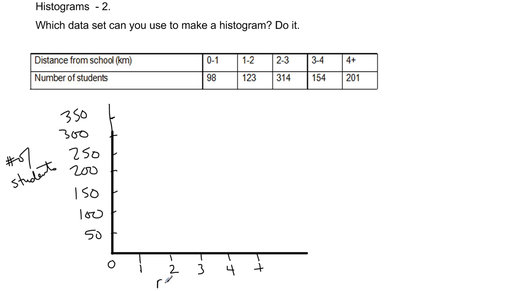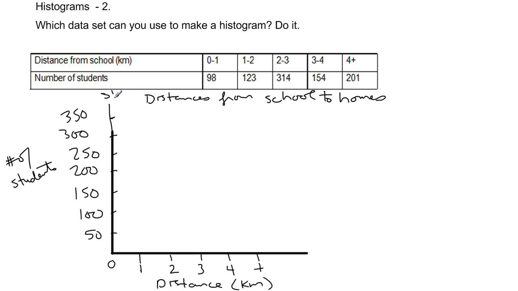So this was distance, and it's in kilometers. And a good title for this one might be distances from school to homes. And maybe student distances from school to homes.